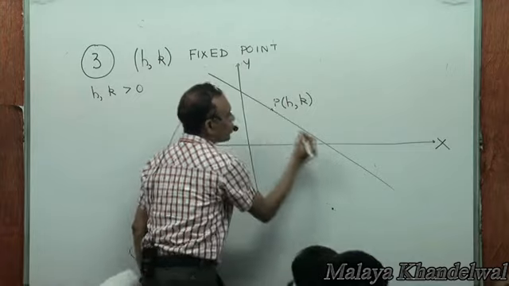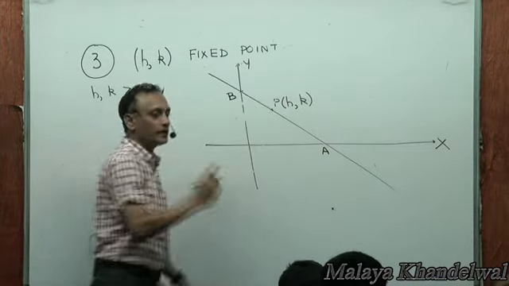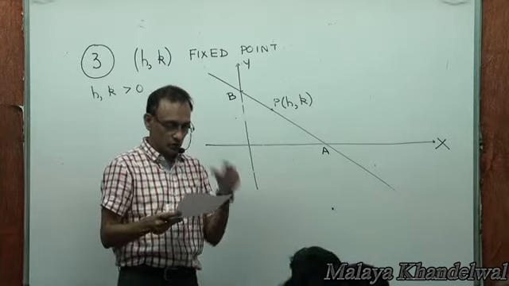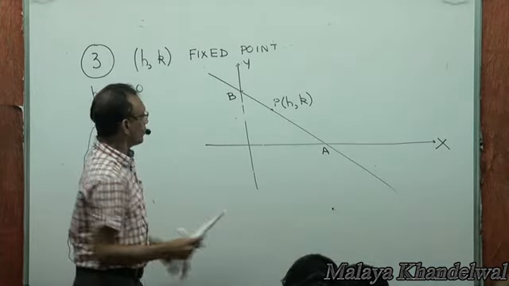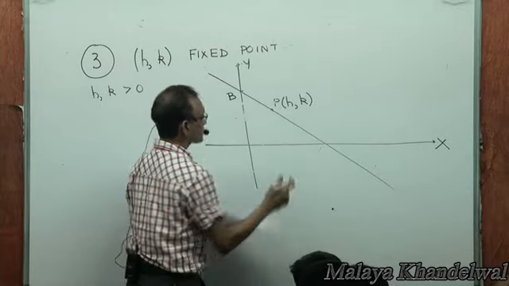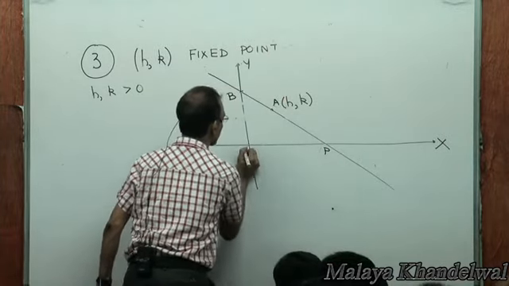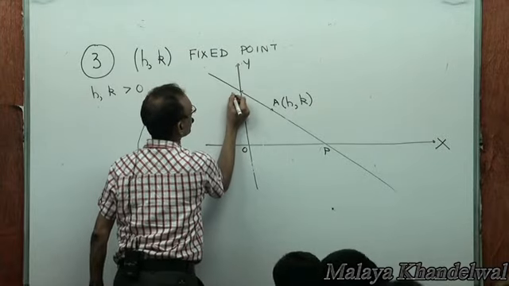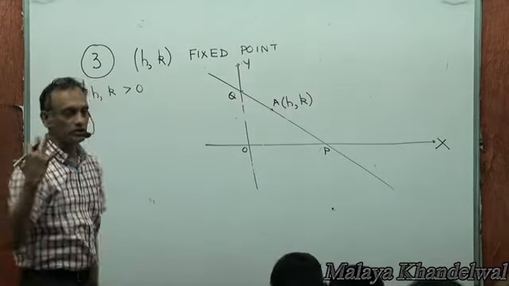Okay, so its intercepts are A and B. Clear? Now find the minimum, or rather P and Q is what they say. So let me call this A just to follow the nomenclature given in the problem. Not that it matters.